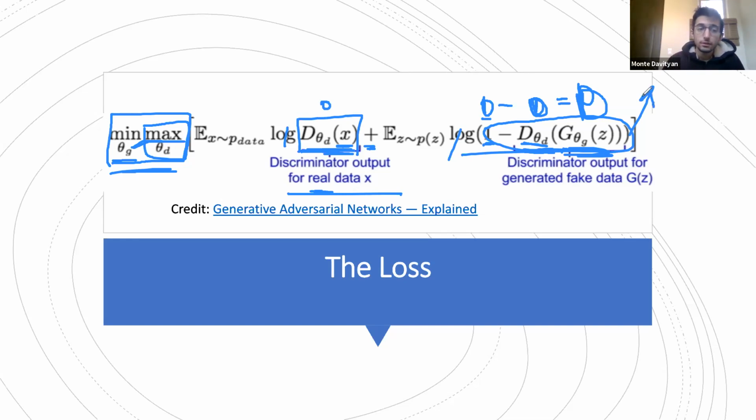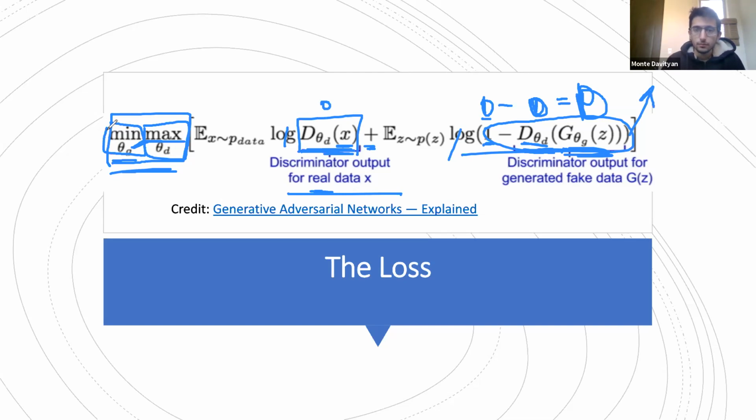The discriminator, on the other hand, is trying to minimize this loss, just like a regular classification task. It's trying to get this loss to a very low level. And as such, it's doing a good job of showing this is fake, this is real, this is fake, this is real.